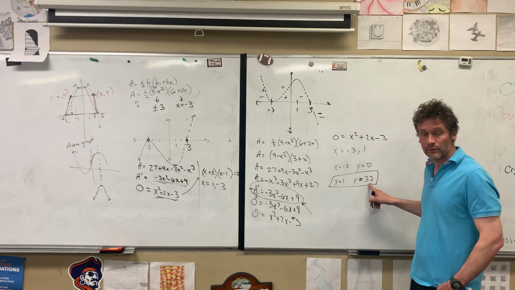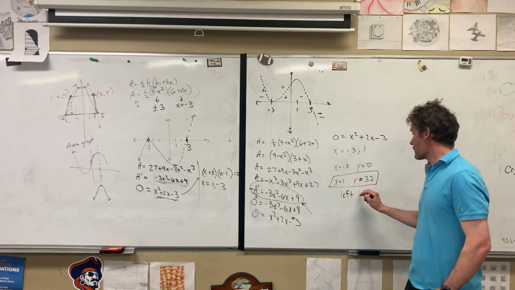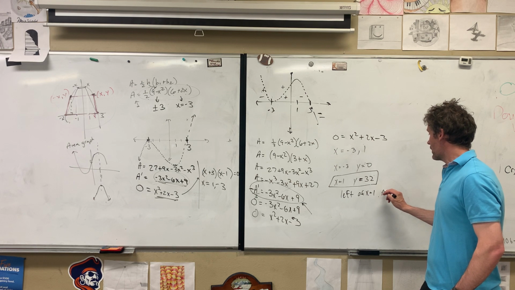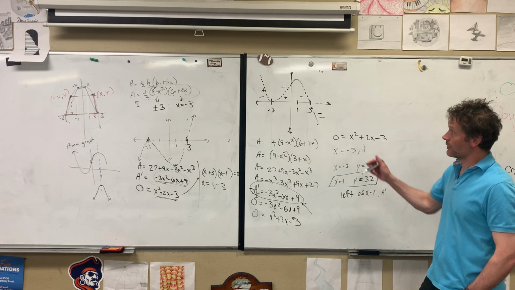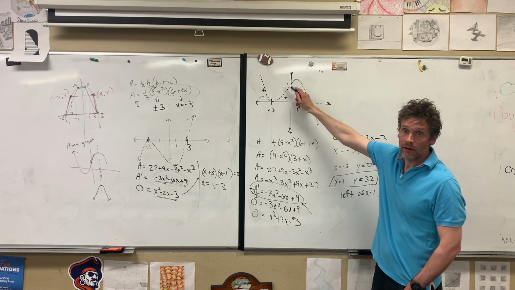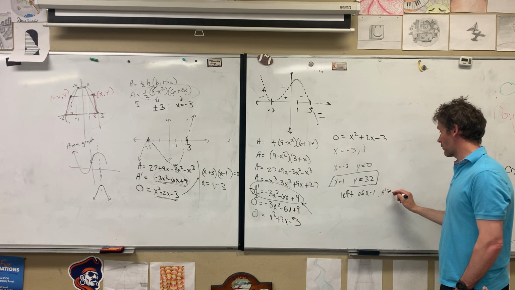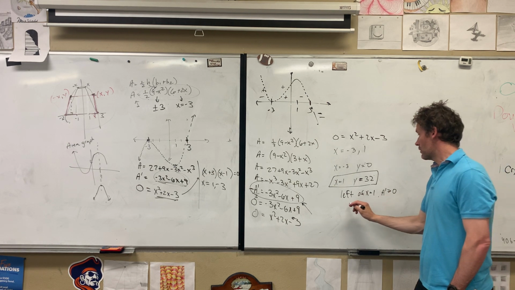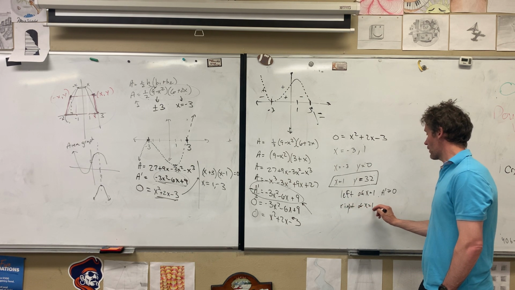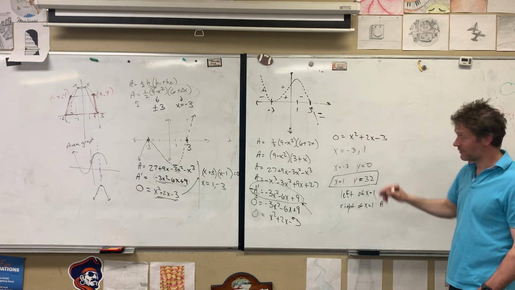Well, you know it's a maximum because to the left of x equals 1, a prime is positive, so a prime is greater than 0. To the right of x equals 1, a prime is less than 0, it's negative.